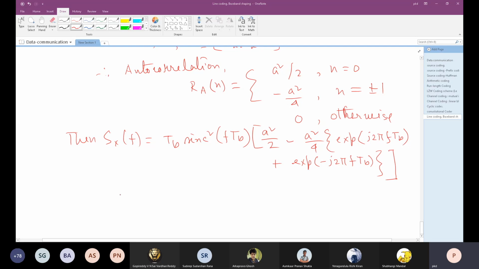So this is equal to A square Tb by 2 sin square pi f Tb, 1 minus cosine of twice pi f Tb.